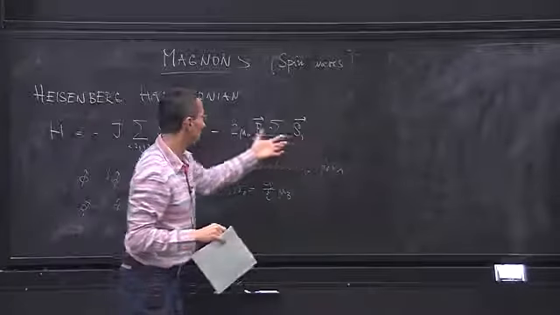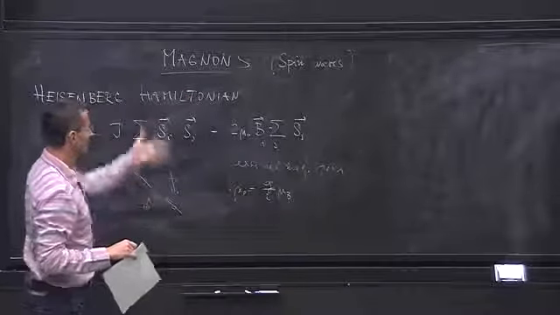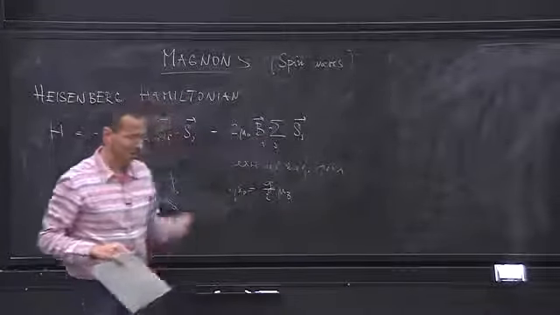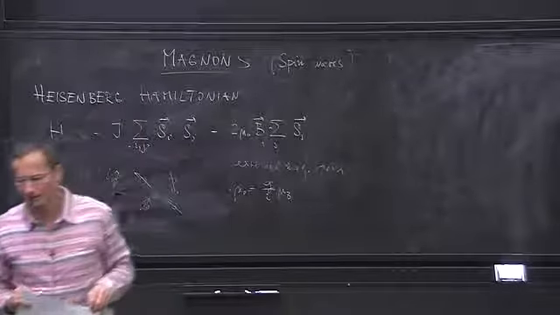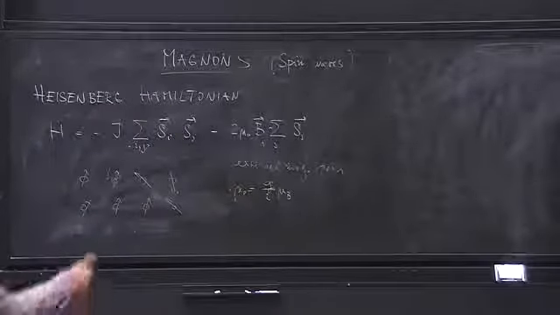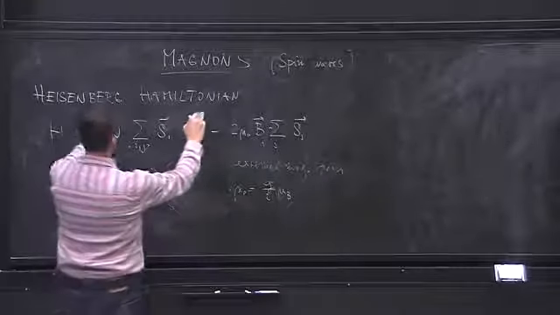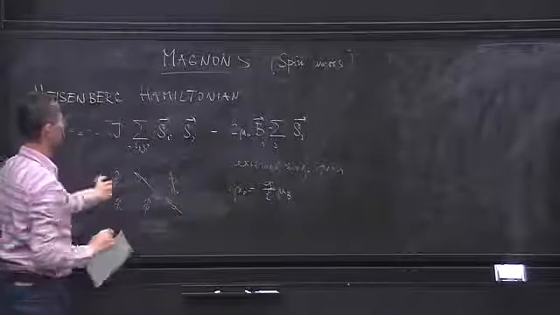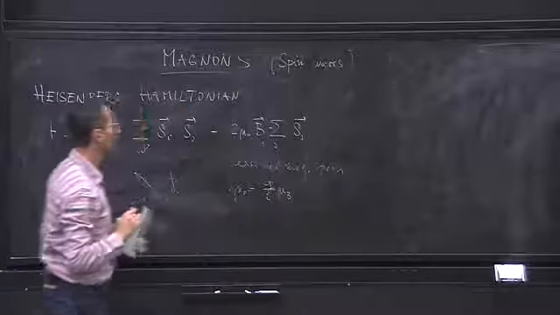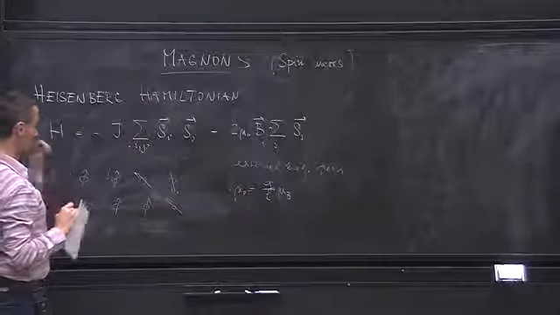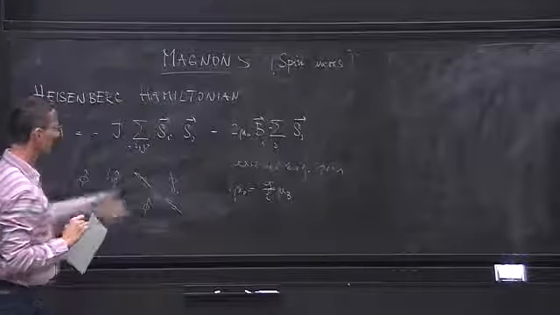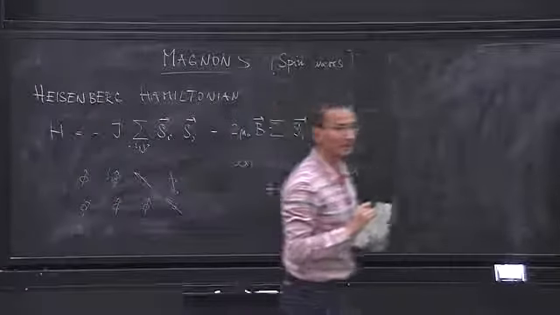But basically, the second term is just the Zeeman effect, right? When you apply a magnetic field to a magnetic moment, it wants to be aligned with that magnetic field. So it's an interaction between neighboring magnetic moments and alignment of magnetic moments with the external magnetic field.